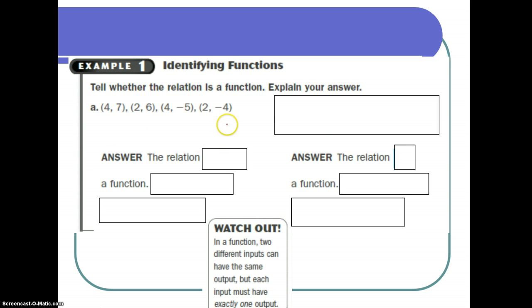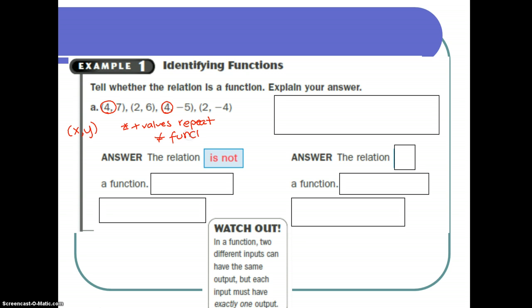Let's tell whether this relation is a function. So for example A, you can see this is not a function. Why? Remember I told you, look at the x values. Remember your point is x comma y. Because the x values repeat, it is not a function.